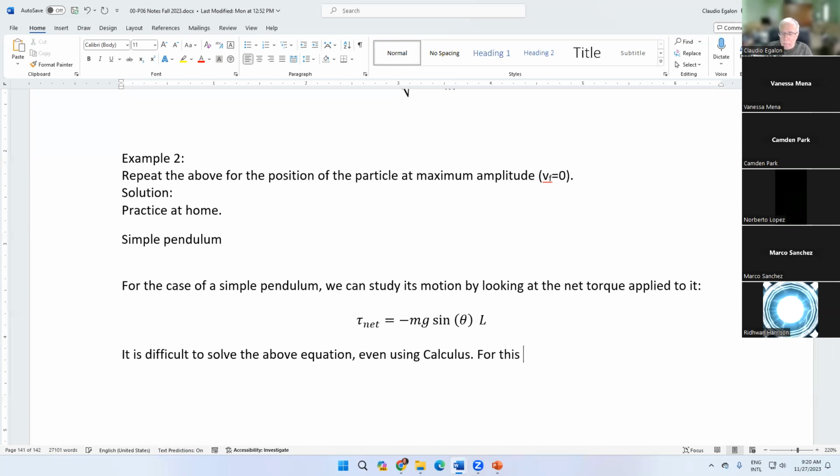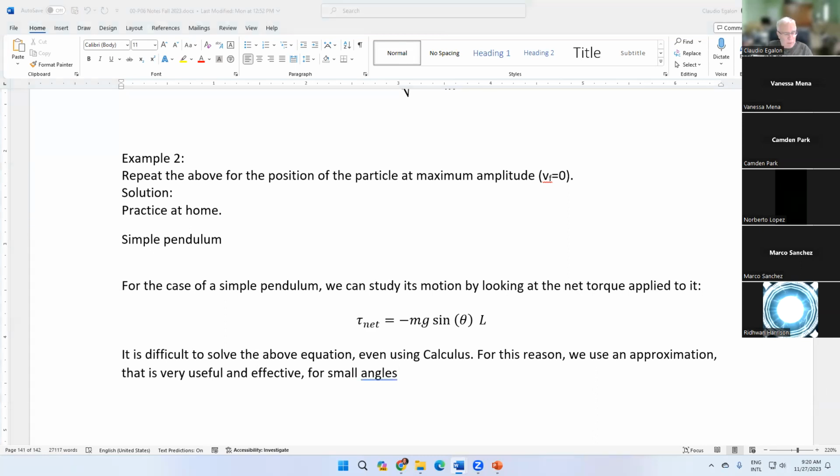For this reason, we use an approximation that is very useful and effective for small angles. This approximation is: sine of theta is approximately equal to theta for small angles. When we have small angles, the sine of theta is very close to theta.